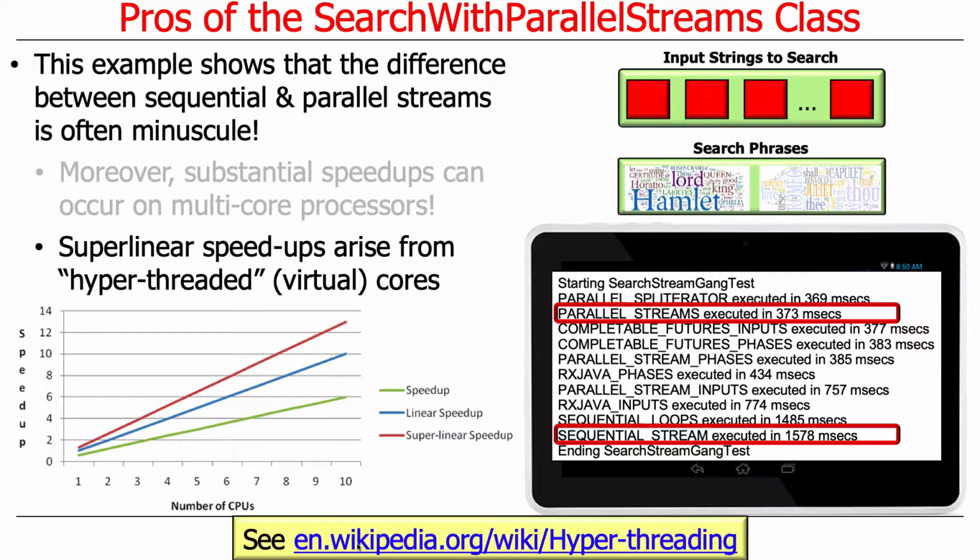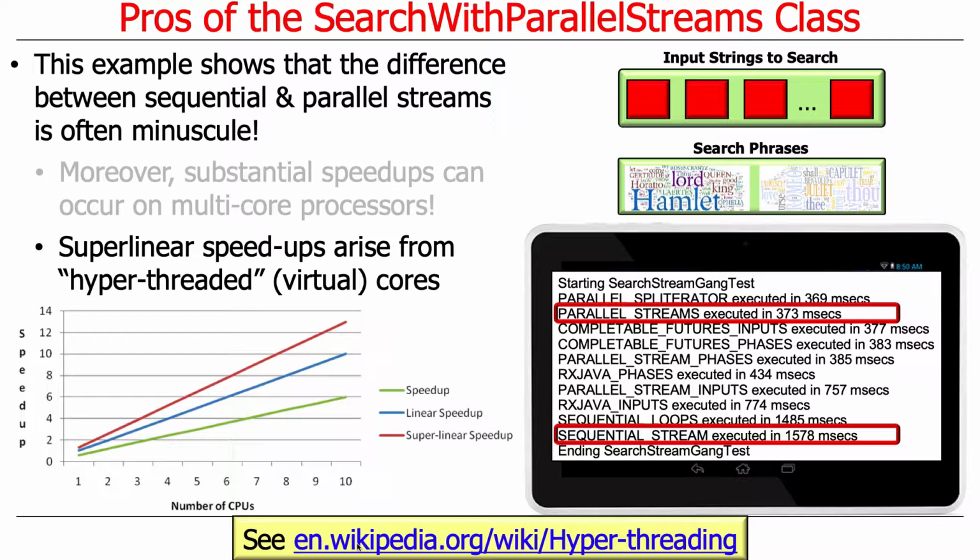Well, my laptop, and pretty much all modern laptops, are actually hyper-threaded. That means they have these virtual cores. So even though it has 4 physical cores, each core is hyper-threaded. What does that mean?